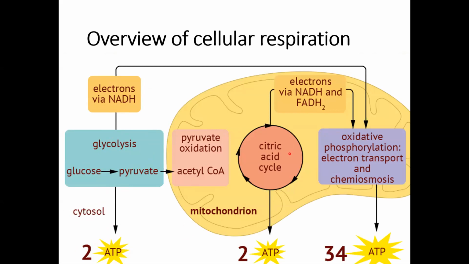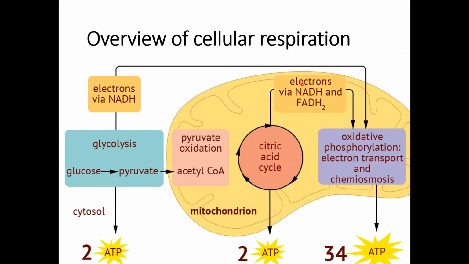Pyruvate cannot enter the citric acid cycle as it is. It has to undergo pyruvate oxidation into acetyl-CoA, and that way it can enter the citric acid cycle. The citric acid cycle generates NADH and FADH2 as well as 2 ATPs, and this occurs in the matrix of the mitochondria.